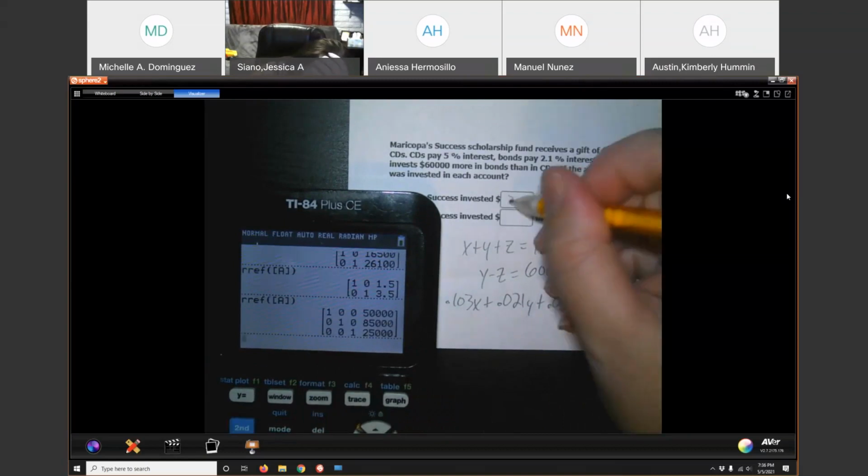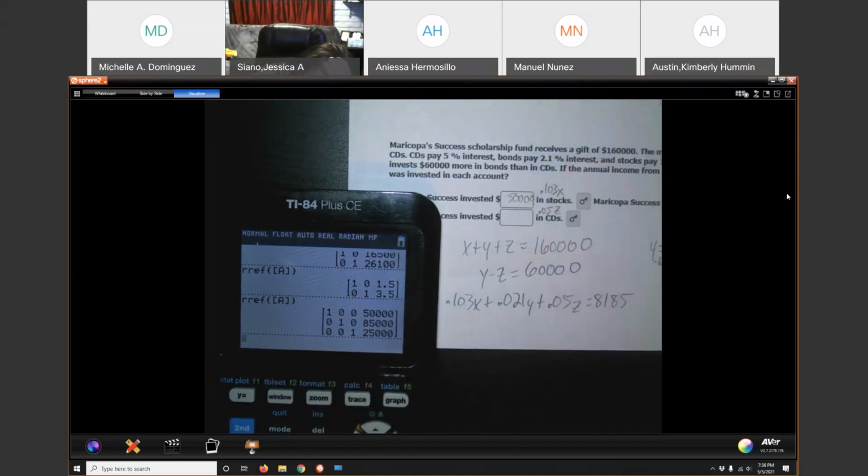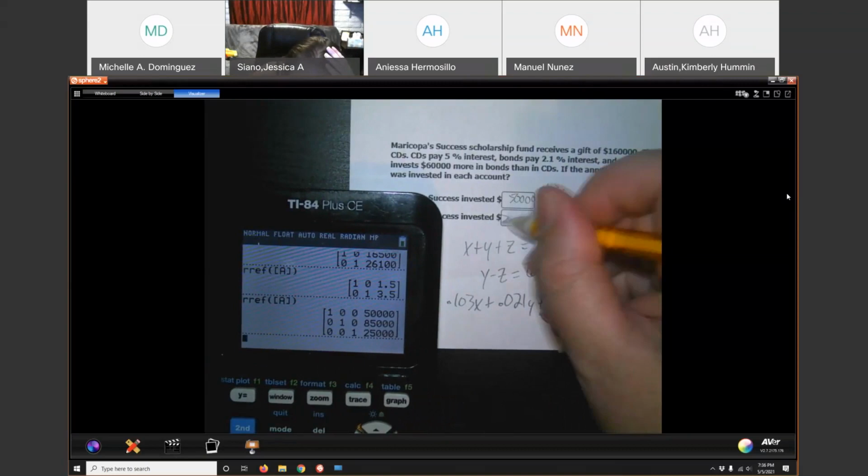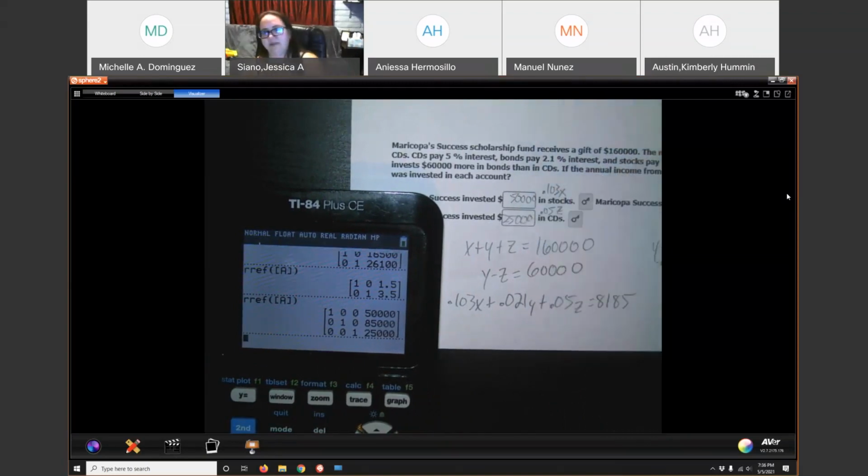So $50,000 in stocks, $85,000 in bonds, $25,000 in CDs.